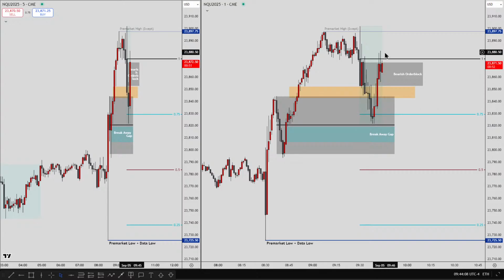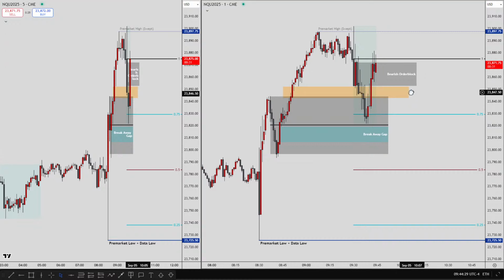See what kind of displacement we're looking at. Nah, it's an inversion fair value gap on the 5-minute. On the 1-minute, I can see that you would look at it as a reclaimed, but because we drew on the 5-minute, we'll stick to it being on the 5-minute.